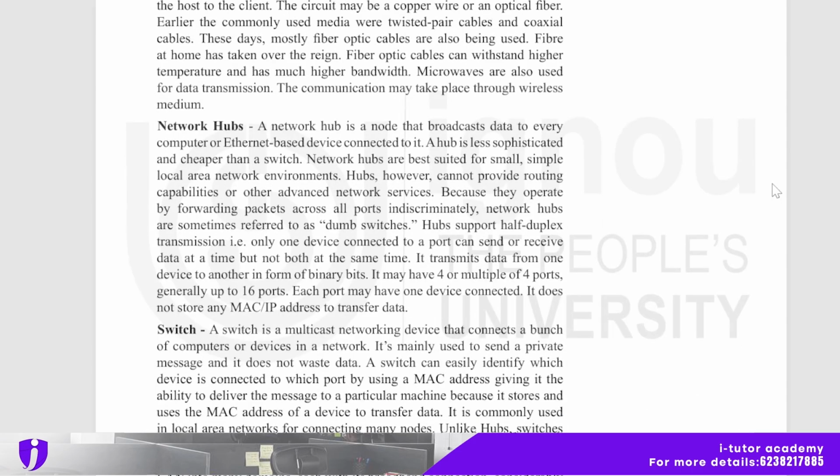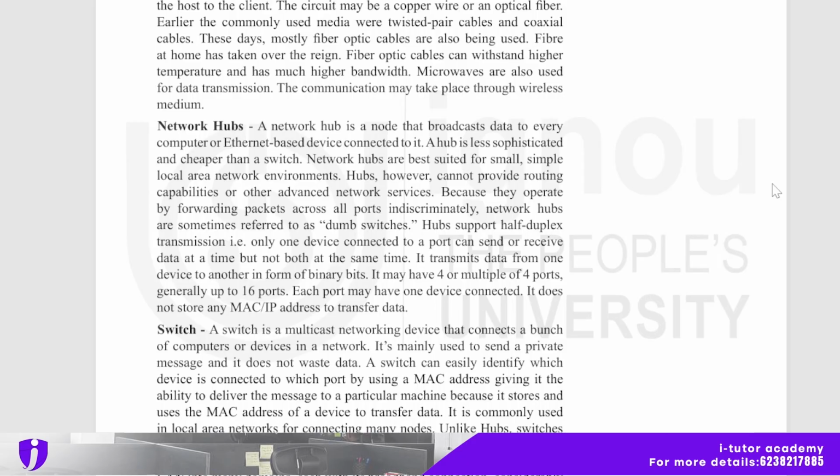And network hub. A network hub is a node that broadcasts data to every computer or Ethernet-based device connected to it. A hub is less sophisticated and cheaper than a switch. Network hubs are best suited for small, simple local area network environments.